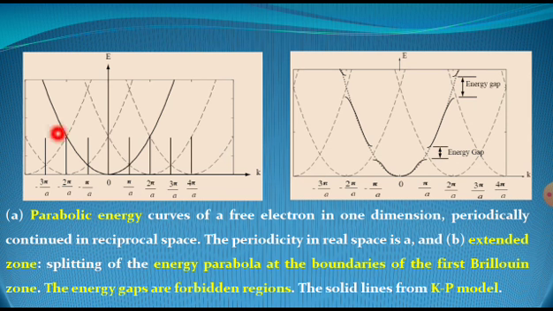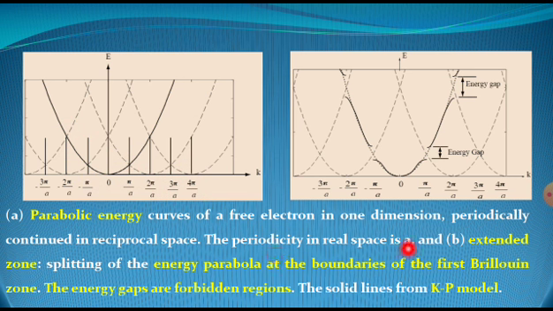We have introduced the equation and got the solution, but how will this KP model affect your energy structure? In figure A, the parabolic curves of a free electron in one dimension are periodically continued in reciprocal space. The dashed line is for the reciprocal space and the solid line is for one dimension.